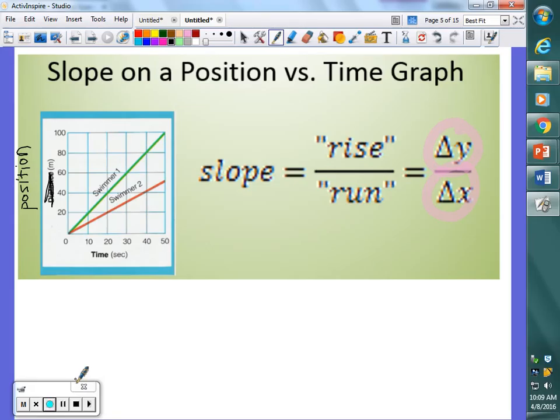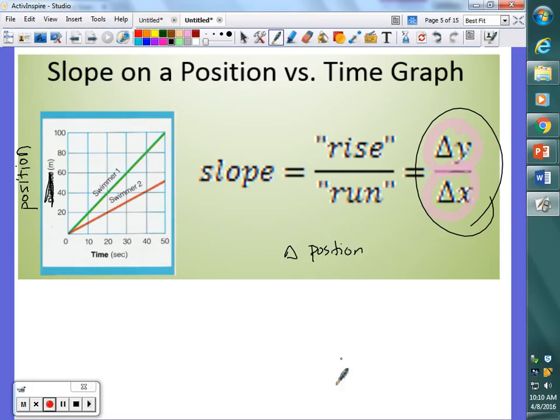If we look now at our definition of slope, if we apply these concepts of slope to our position versus time graph, delta y now becomes what? Delta position, right? Change in position. Does that make sense? Yes. Because position is on the y-axis of this graph, right? So delta y, if we apply it to this graph, is now change in position.